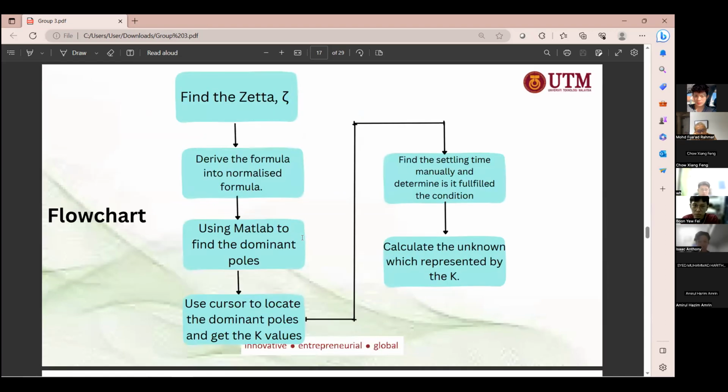The flow chart is almost the same: we find the zeta and then derive the formula. Then we use Matlab, drag the cursor to find the dominant pole, and use Matlab to find the settling time and check whether it fulfills the condition of the given question. At the end, we can find the unknown, which is represented by K.